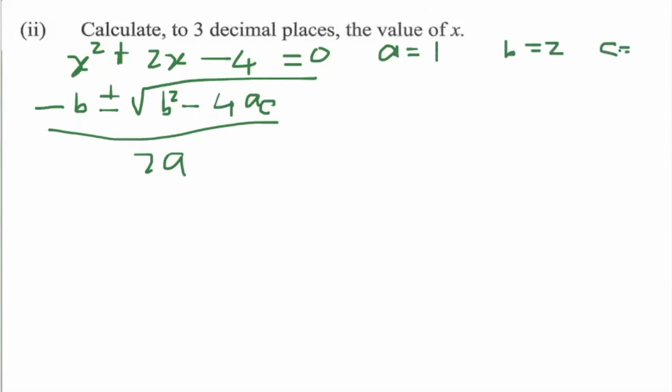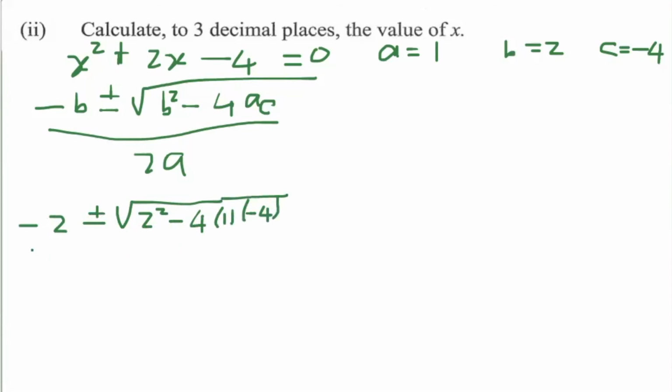And c is the constant, that's minus 4. So substituting, I'll have minus b is 2 plus or minus the square root of b squared, that's 2 squared, minus 4 times a which is 1, and c which is negative 4, all over 2 times a, so that's 2 times 1.